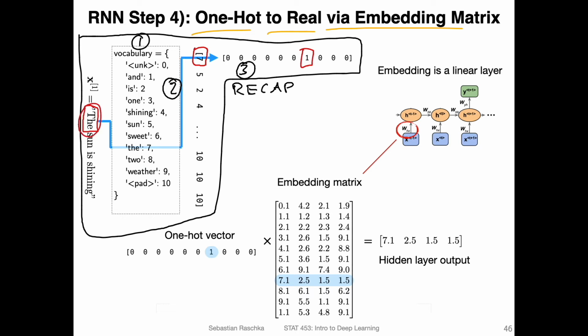This is for simplicity. And I will show you on this slide how we convert this one hot encoding to a real number vector. So this one hot encoding here, I just copied this over to this position here. And now we have this embedding matrix.